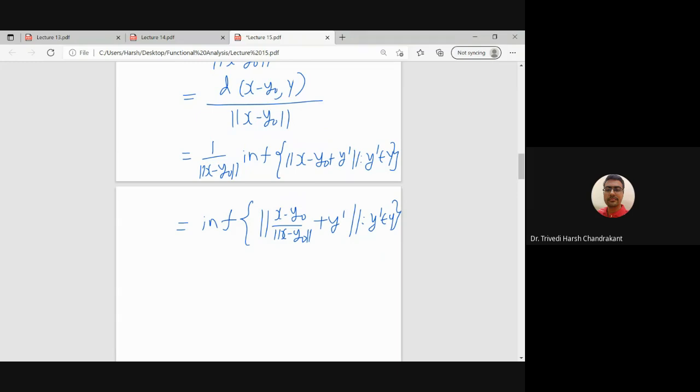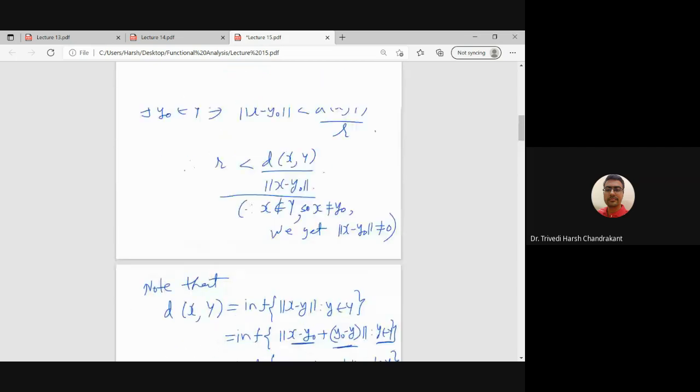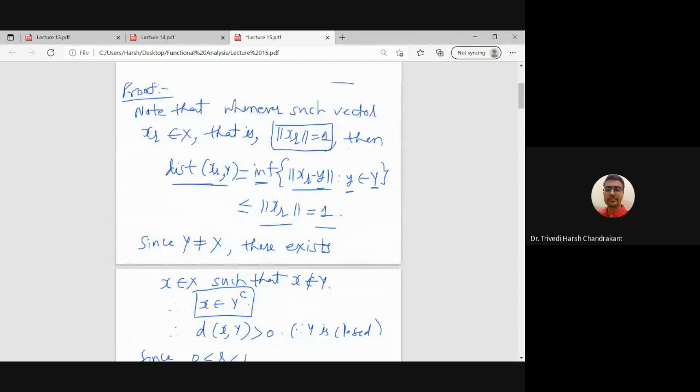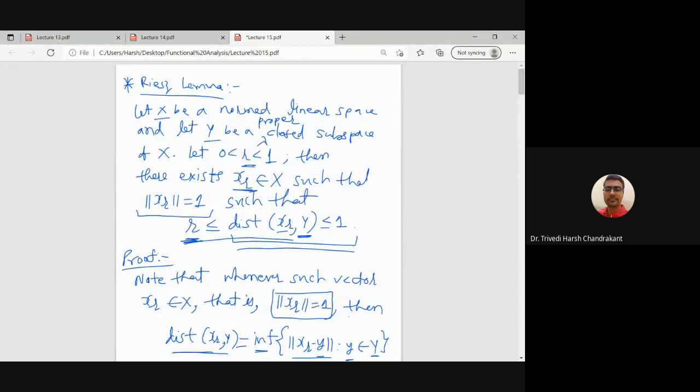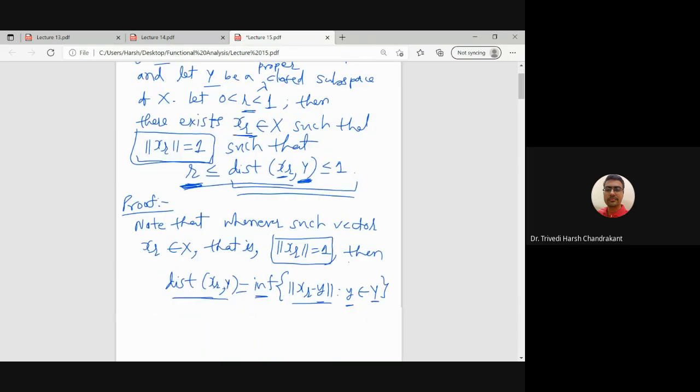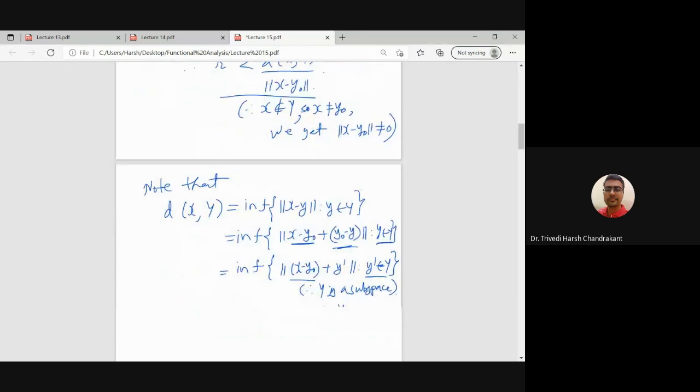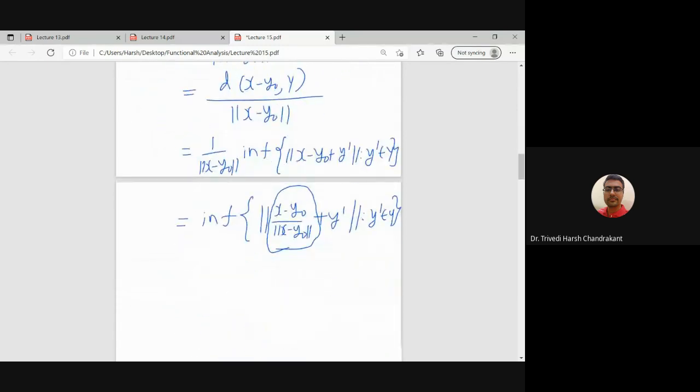And then whatever element we got, we will call it xr because it has norm 1, right? What we want is an element whose norm is 1 and its distance from Y is bigger than r. So that is what we want, and we got it.